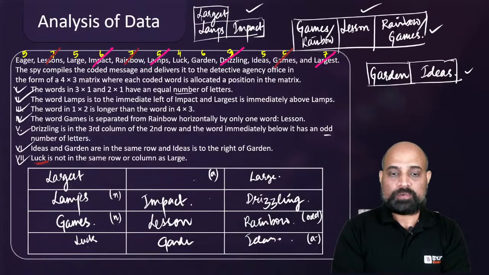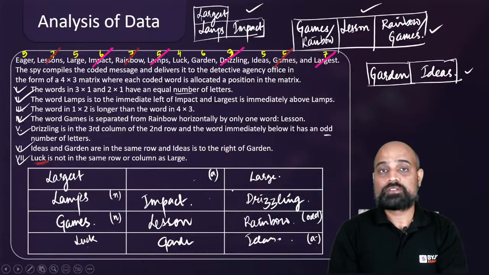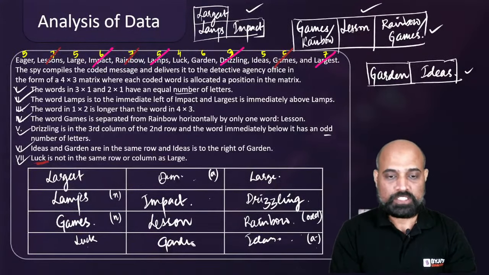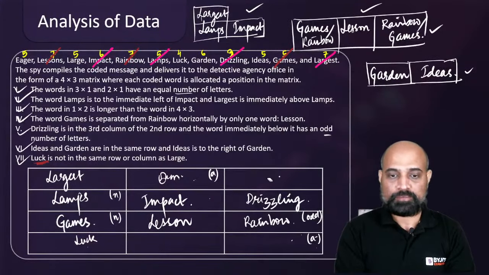Luck को इधर ही आना पड़ेगा. And once we are done with that, the last letter that we are left with is eager. This is also a 5-letter word. ये भी एक problem हो जाएगा. Because if I put eager over here, 5-letter word, it will not make sense. Okay, so garden and ideas, they cannot come here.